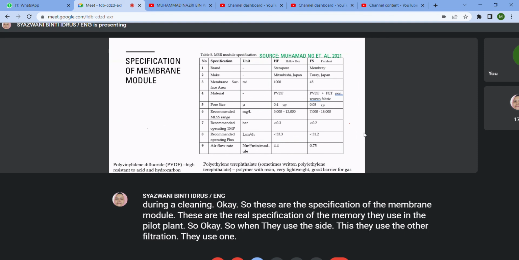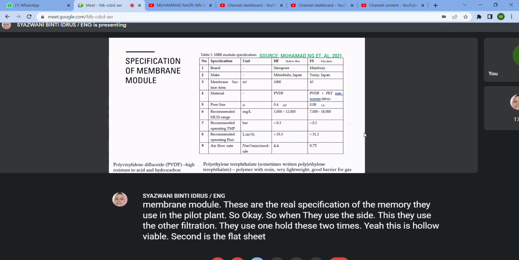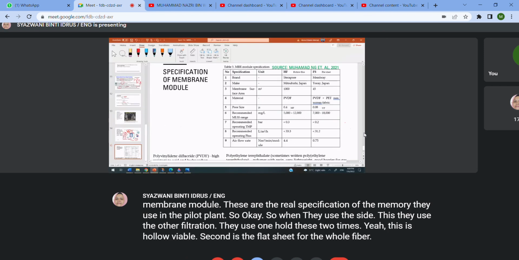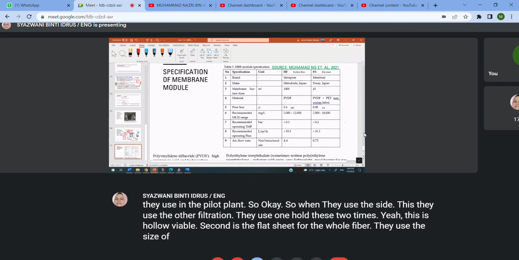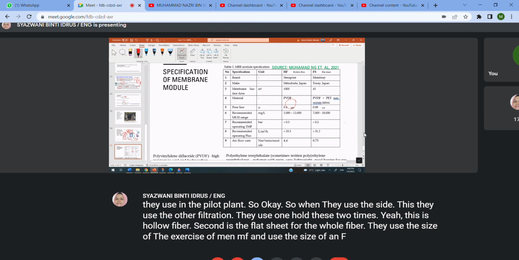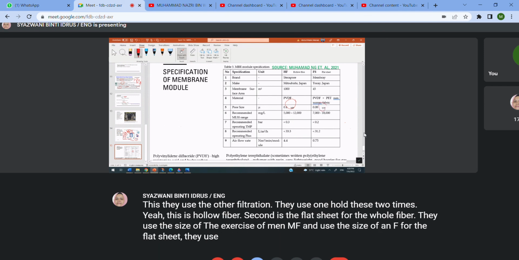They use two types. First is hollow fiber, second is flat sheet. For the hollow fiber, they use the size of MF. For the flat sheet, they use UF.